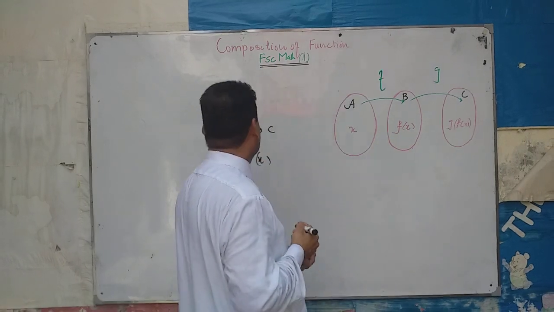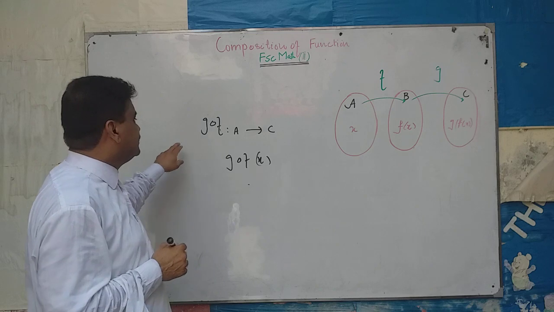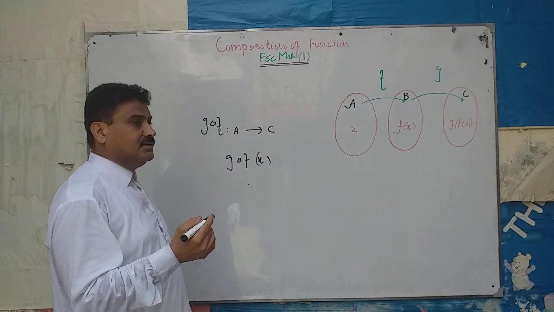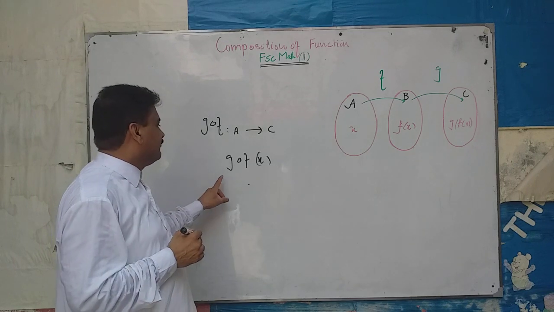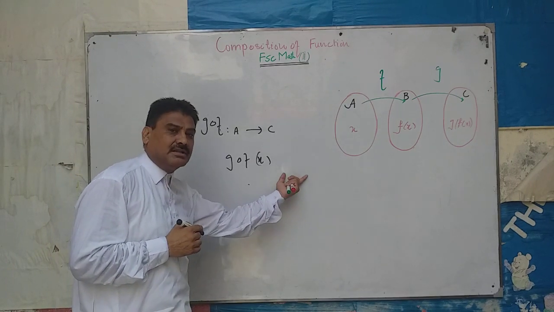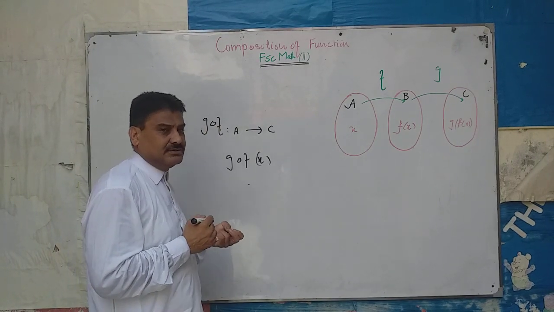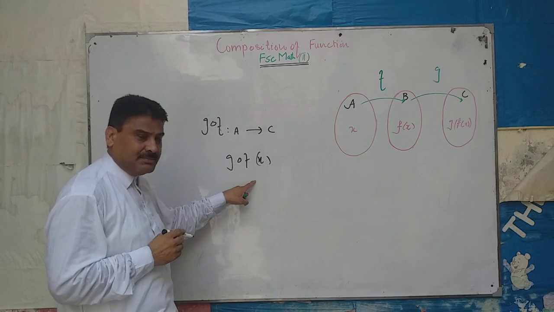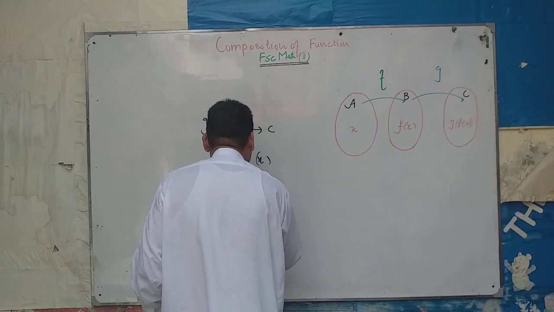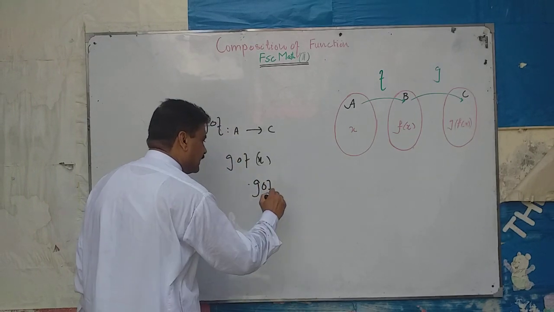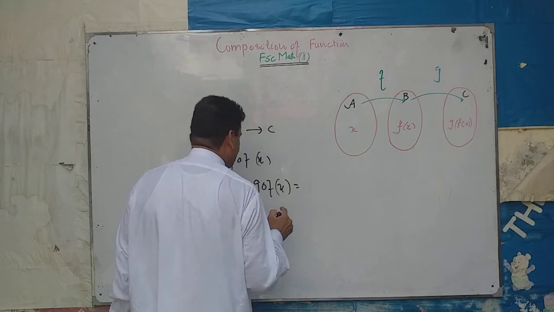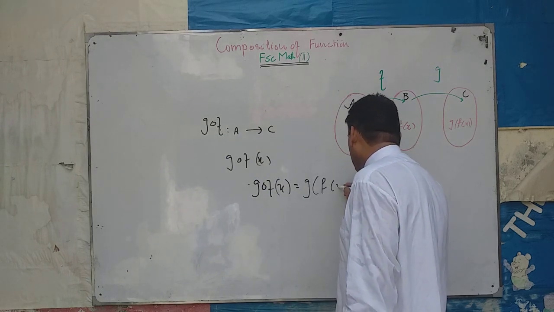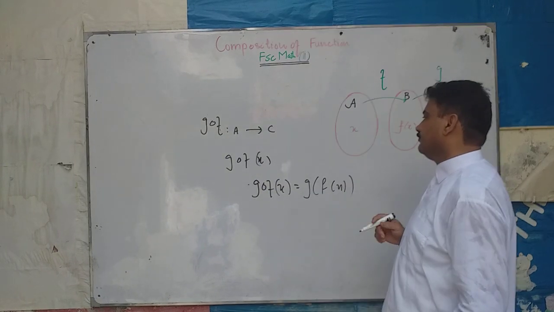In short, a new function g of f from A to C is defined by g of f of x, which is called the composition of function. g of f of x can also be written as g of f of x.